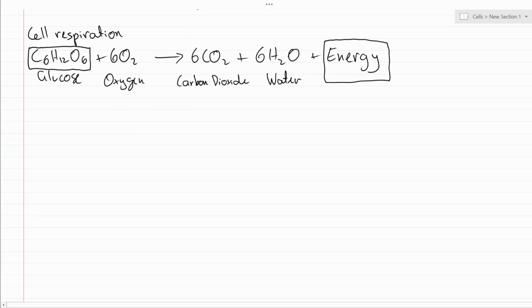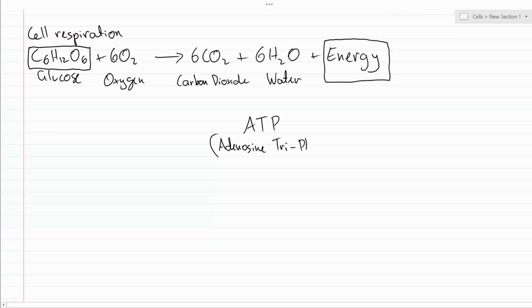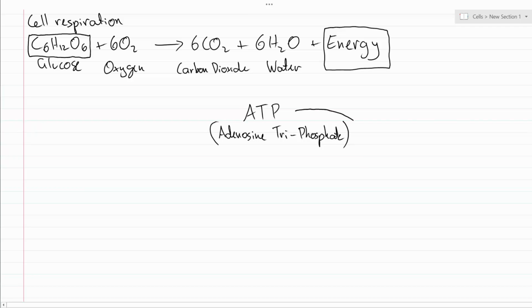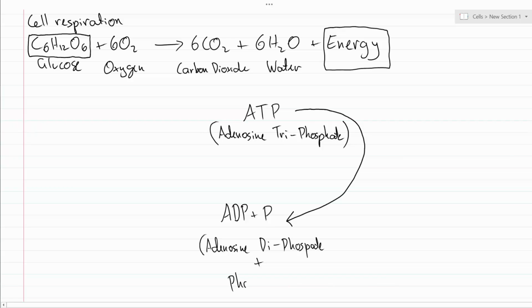Now, this is where we come to the ATP cycle. So ATP, adenosine triphosphate, I'll write it in there, is constantly in the cell being broken down and turned into ADP plus P. So this is adenosine diphosphate plus a phosphate.